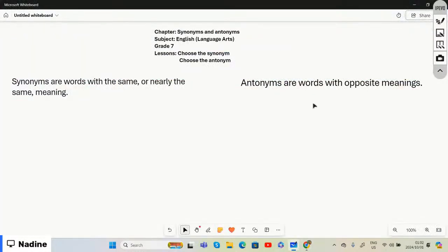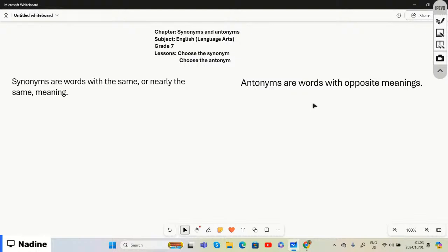So we said our chapter is synonyms and antonyms, our subject is English language arts, and we're doing grade 7.